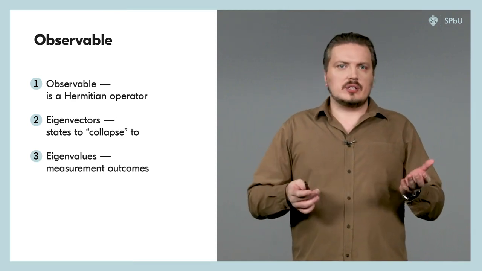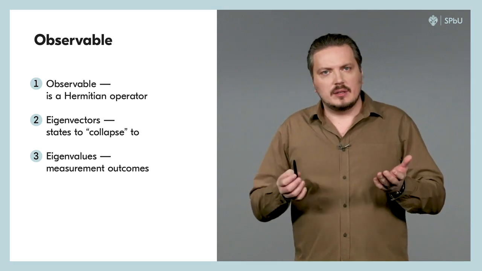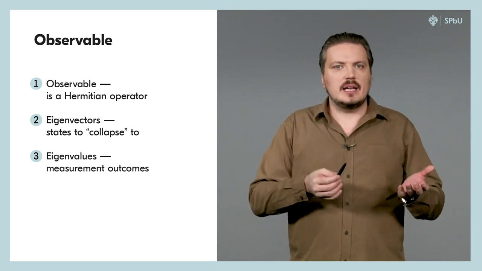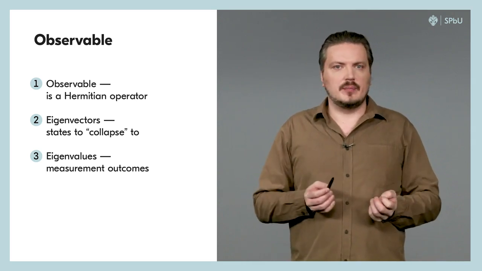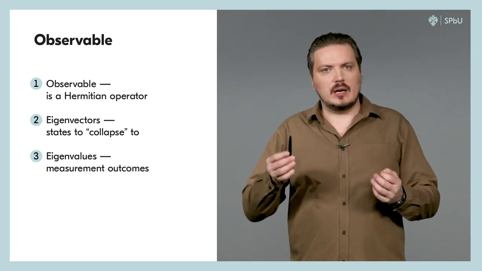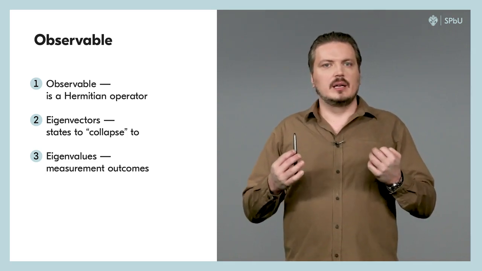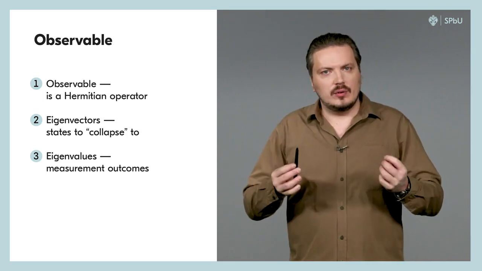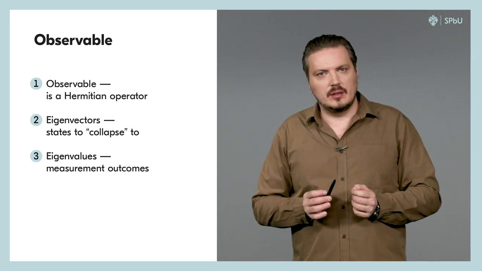The eigenvectors of these operators are the measurement outcomes. They are the states to which the system can collapse after the measurement. And when it does, the classical outcome that we obtain as a result of the measurement is the eigenvalue which corresponds to that eigenvector.